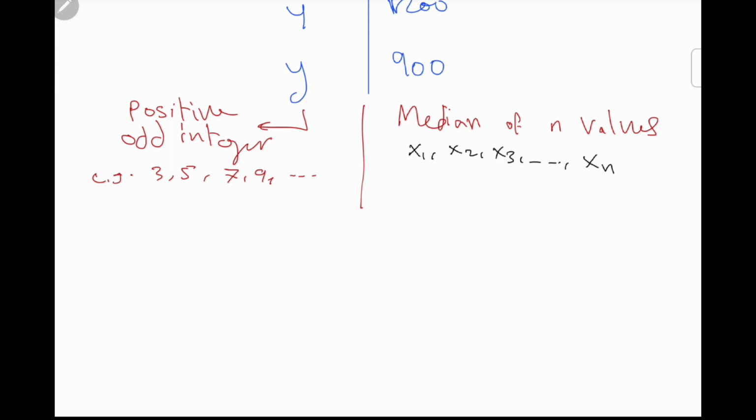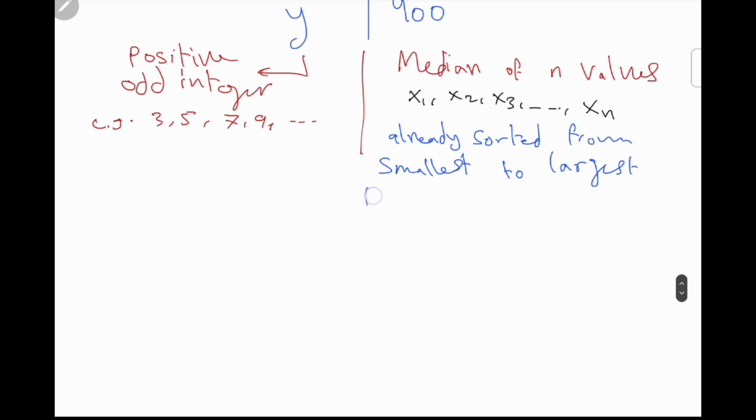Suppose that these n values are already sorted from smallest to largest. Then the median depends on n.